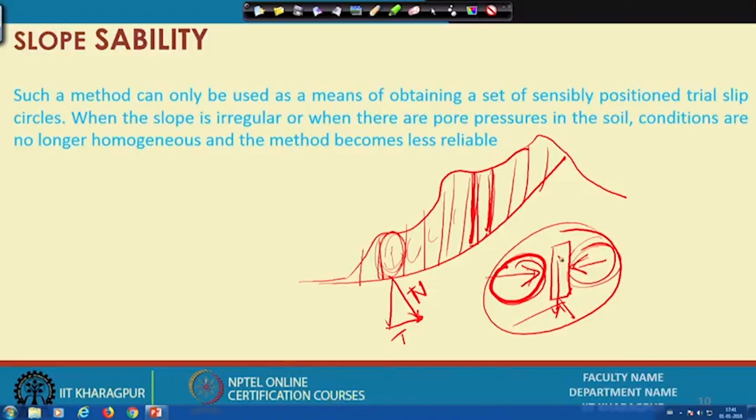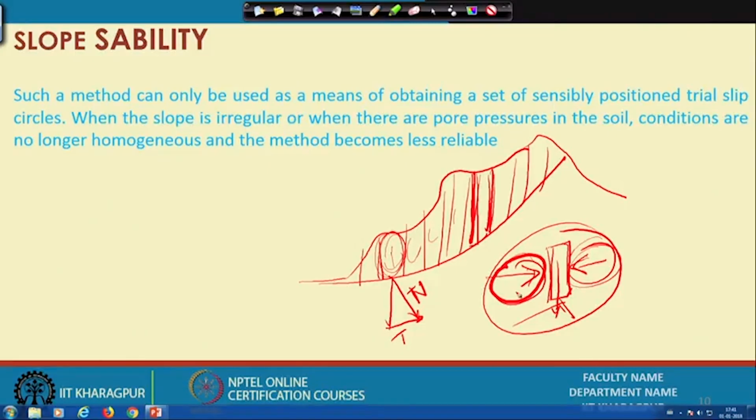Jambu and Bishop. Bishop's method is originally known as Bishop's simplified method of slices, and later on he introduced the modified Bishop method, then there is Jambu's method, and there are many others, Morgenstern and many of them have suggested using this concept.